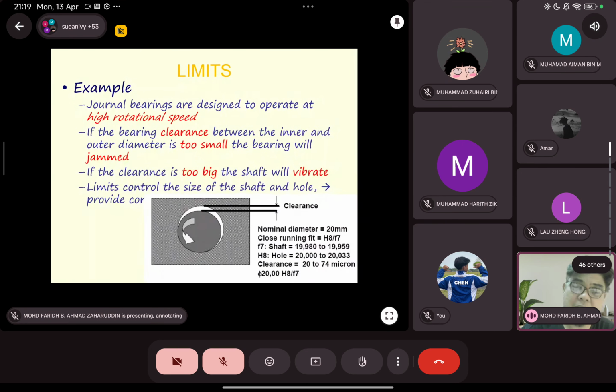As I mentioned previously, if there is too big a clearance between the upper size of the shaft and the lower size of the hole, you will produce high vibration. That's why when you have an old car, say from 1975, with no modifications, there is vibration. You buy a new car, less vibration.